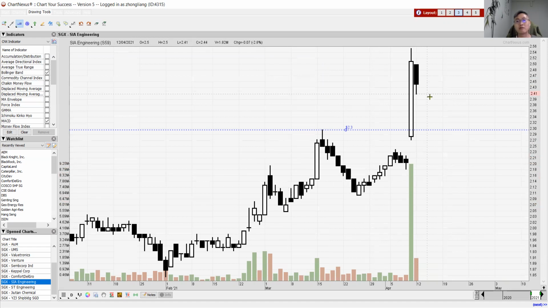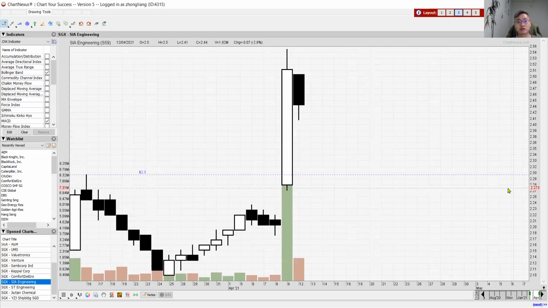So if the pullback were to really continue, 230 will be an interesting level to watch, because it will have to act as a support level. Then going forward, if it doesn't go down to 230 and then starts to consolidate around this level, we may have a flag pattern or pennant pattern going forward. So we shall continue to watch where SIA Engineering is going to be.